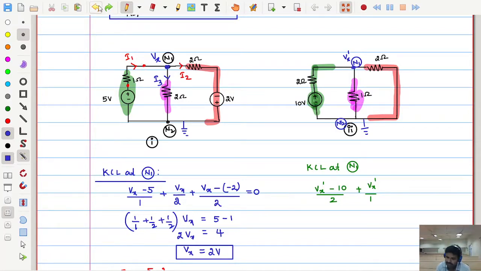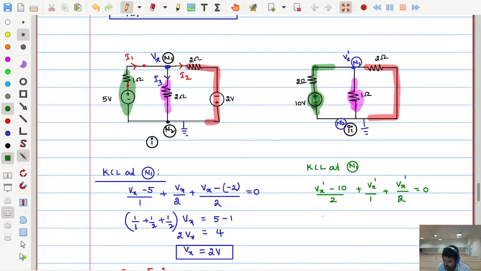Right. So now let us take circuit 2. As of now I am not talking about Tellegen's theorem. I am in the process of finding every branch voltage and current. So let me take this: Vx by 1 and the last one is Vx dash divided by 2, is equal to 0.